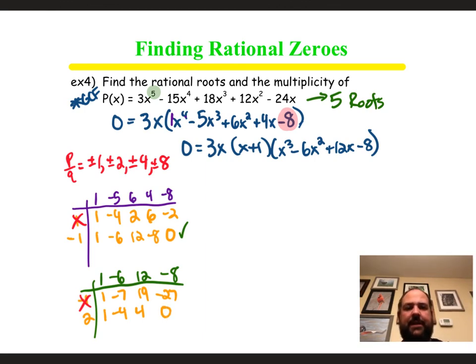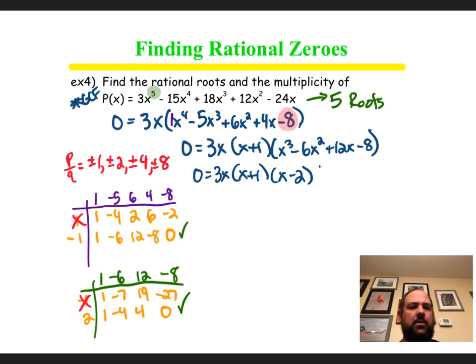There's my next root. So I found that 2 also works. So I come back up here. I have 3x times x plus 1 times x minus 2. Remember, I'm always using the opposite of what I see in the binomial when I do the synthetic division. That's why -1 corresponded to x plus 1, 2 corresponds to x minus 2.